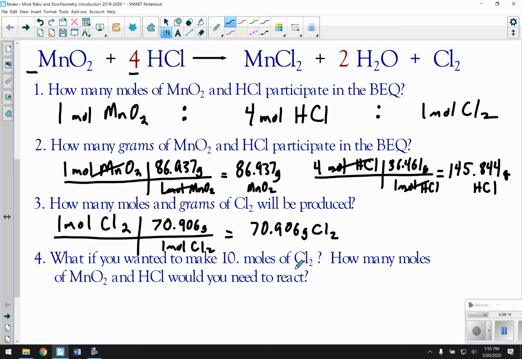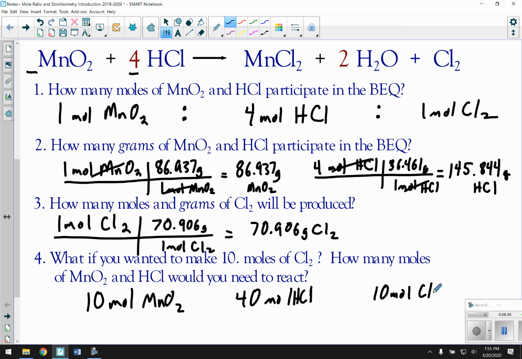Then to make 10 moles of Cl2, wouldn't you have to start out with 10 times as much? That is 10 moles of MnO2 and 40 moles of HCl.